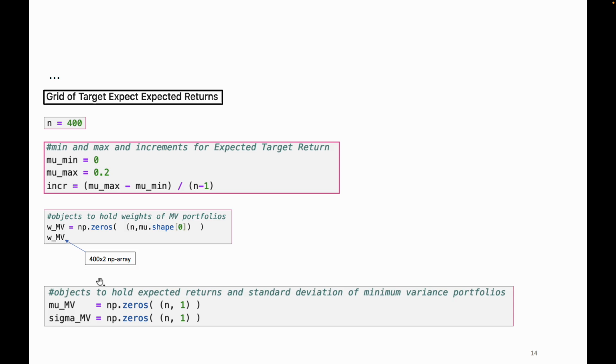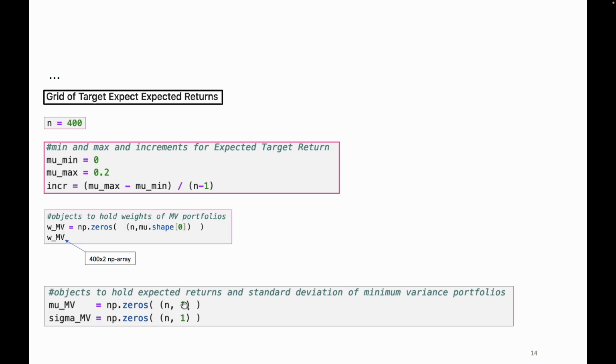Okay, now next thing, I want to compute the expected returns and the volatility of these MV portfolios. And again, I just create a storage and assign zeros to the values of it. So I will compute my routine for 400 target returns. I should say expected target returns, but sometimes I'm a bit short. I just didn't call it target, although I try not to, because it's important to keep in mind it's about expected returns.